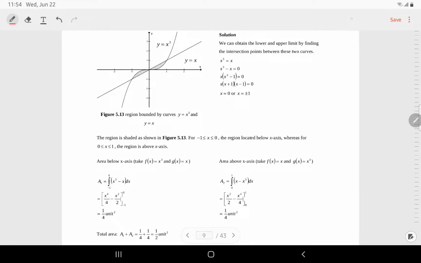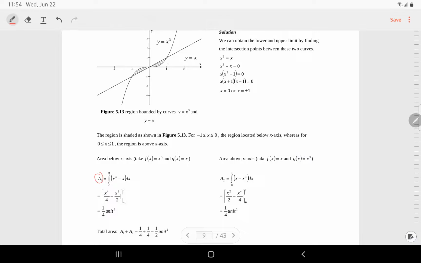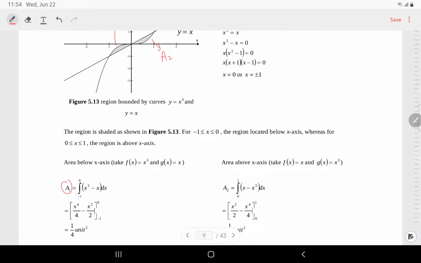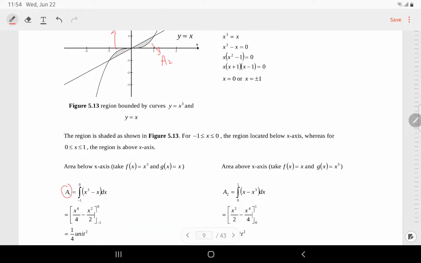Kita nak integrate, kita bahagi kepada 2 bahagian. The first one is A1, yang ni. Ni A1. Yang ni A2. Okay, A1 we need to integrate it from negative 1 until 0, because here we have negative 1 kat sini, 0 kat sini.